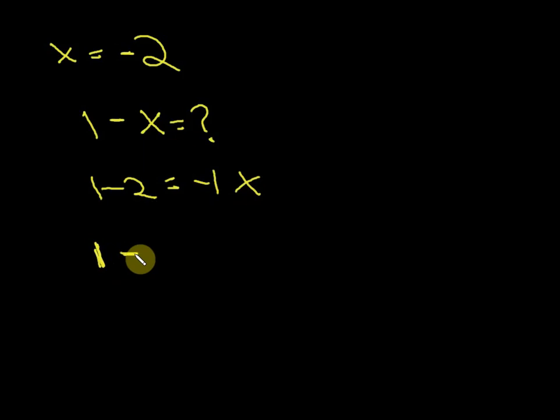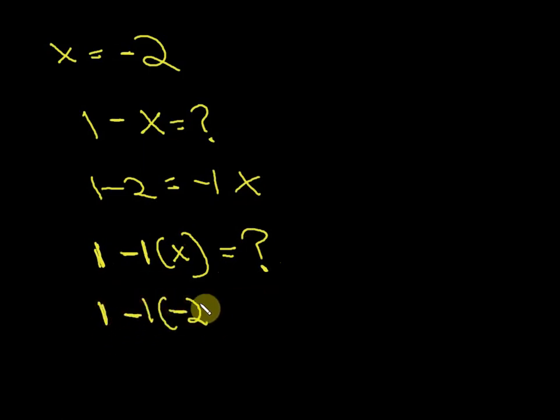1 minus 1 times x is equal to what? Then if I say 1 minus 1 times negative 2 is equal to what? Well, if you multiply a negative by a negative, you get a positive, right?